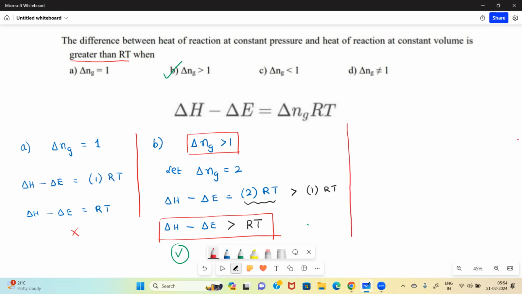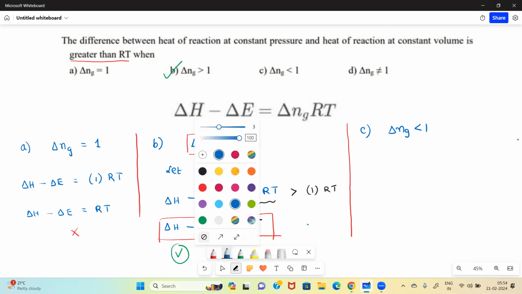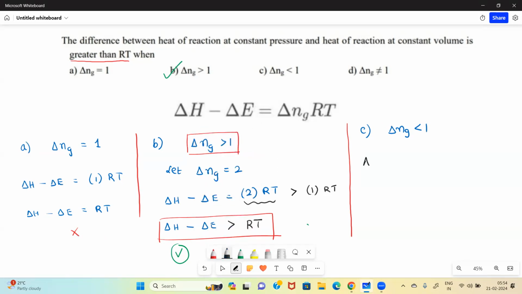Now let's look at a couple of other options as well. Delta Ng is less than 1. If delta Ng is less than 1, we could take probably 0, minus 1, minus 2, any of these numbers. So let's consider delta Ng equal to 0.